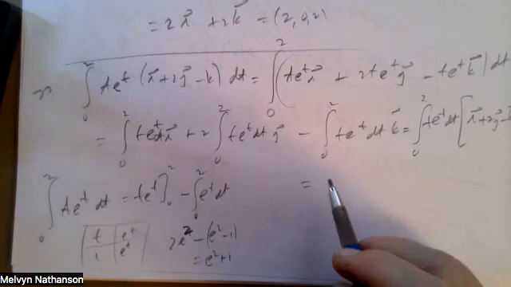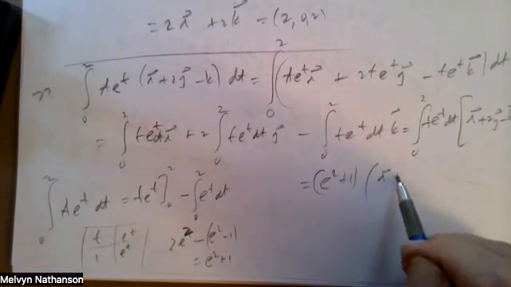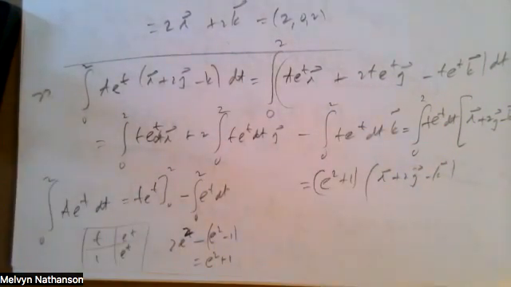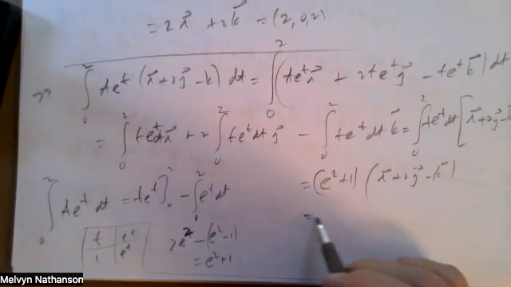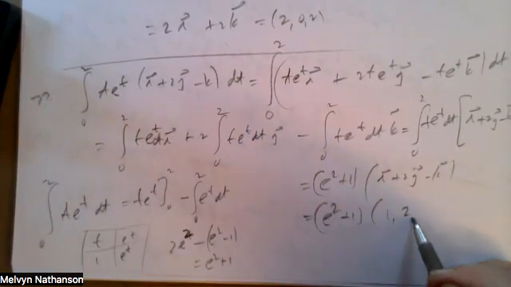So what we get is e squared plus 1 times the vector i plus 2j minus k. In coordinate form, if you like, e squared plus 1 times the vector 1, 2, minus 1.